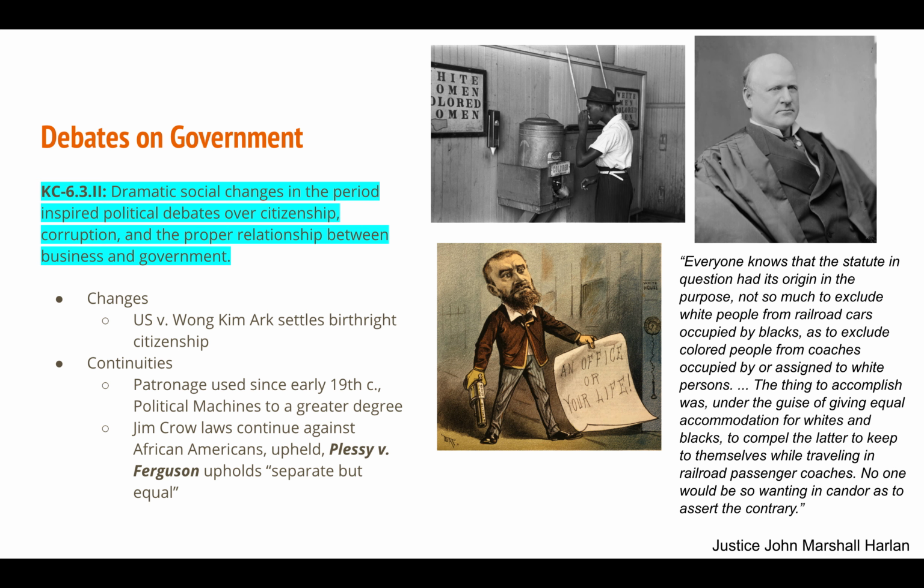It says that if someone is born in the United States, regardless of their parents' ancestry or status, they are U.S. citizens. For continuities, patronage had been used since the early 19th century. It's only into the Gilded Age that there is reform attempted. And Jim Crow laws continue against African Americans. They're upheld in Plessy versus Ferguson, creating the doctrine of separate but equal.